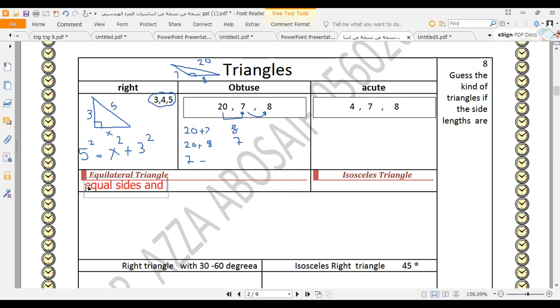and equal angles. Okay everyone, the isosceles triangle has two equal sides and two equal angles.